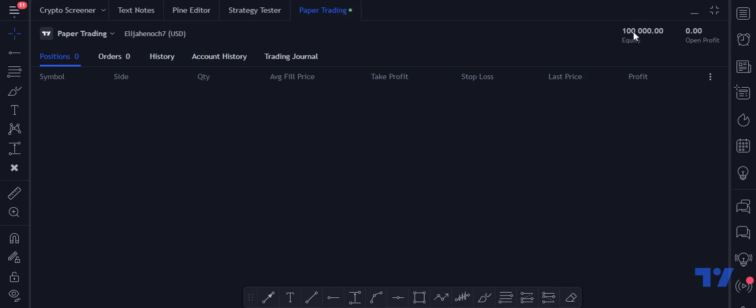Now you can see this $100,000 given to you to practice. But this is too much for you as a beginner, except maybe your parents are rich. I'm sure that you don't have this amount of money in your balance to trade with in your live account. If you try this, you're going to be trading with an amount that is not real to you.